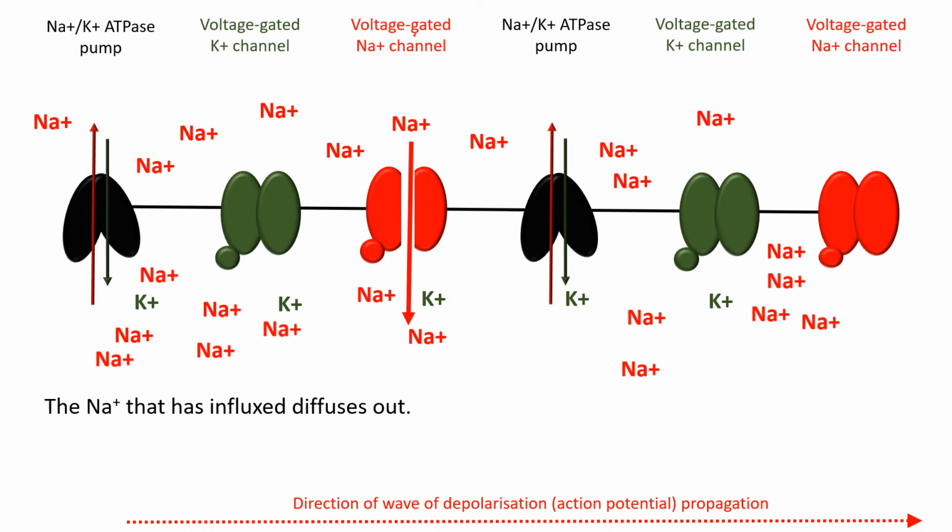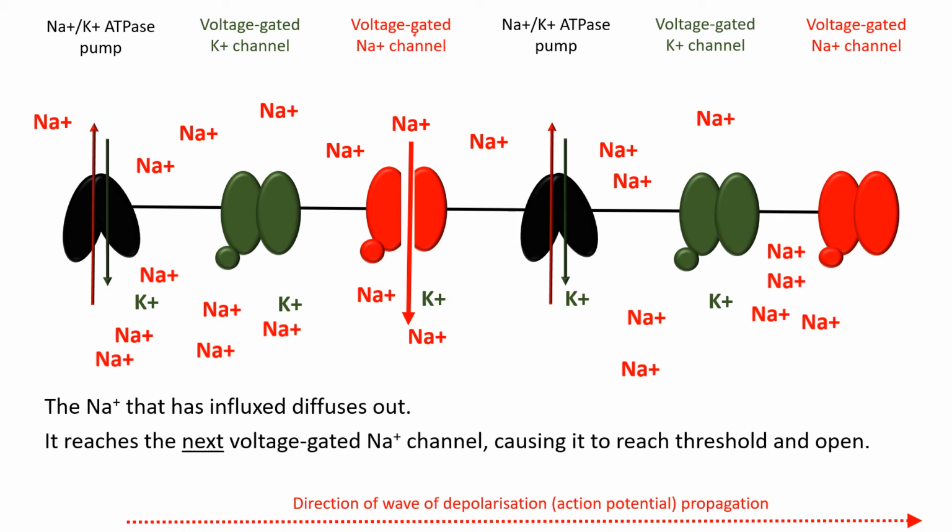This is taking us back in terms of that sodium channel, the red one on the right. In terms of that sodium channel, we're at the state we were at the sodium channel on the left. We've got an adjacent rise in sodium. That adjacent rise in sodium in terms of that channel further along the membrane has now caused it to reach threshold. Its voltage sensor also has a threshold of minus 50.